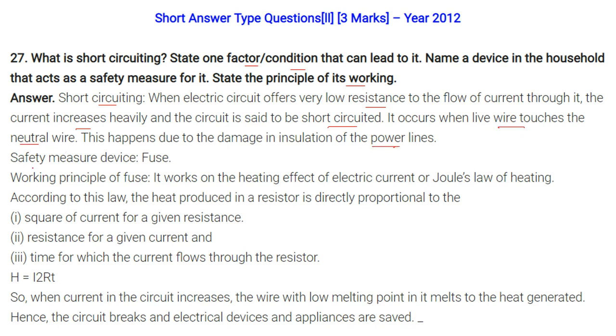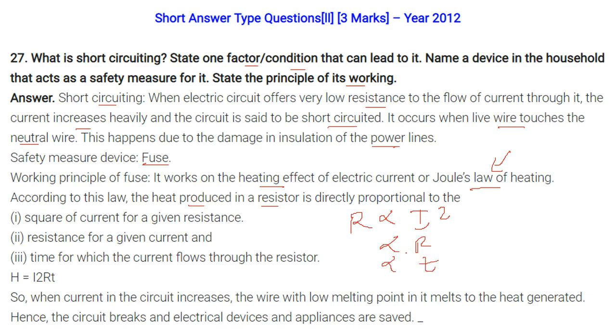So there are certain safety measures we can use, like a fuse. What is the working principle of a fuse? It works on the heating effect of electric current, or Joule's law of heating. This law says that the heat produced in a resistor is directly proportional to the square of current, directly proportional to the resistance, and directly proportional to the time for which the current flows.